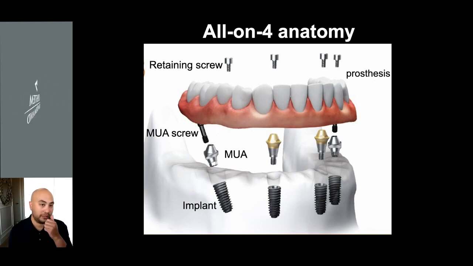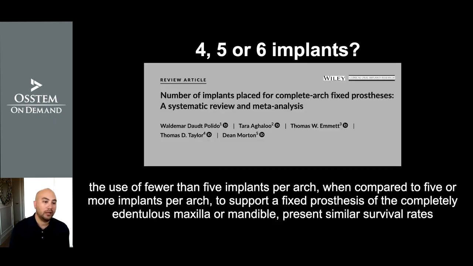We have the prosthesis, which is kept in place with the retaining screws on multi-unit abutments, and we have multi-unit screws, and then dental implants inserted into the jawbone. A question that patients always ask is how many implants, 4, 5 or 6?